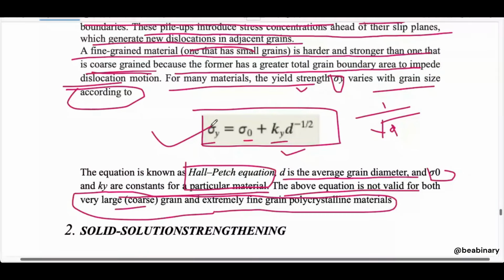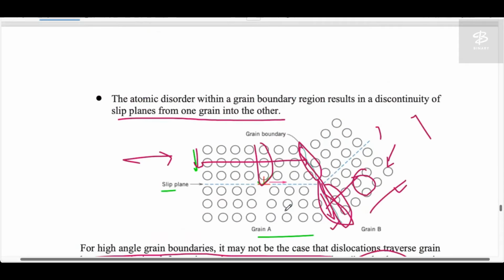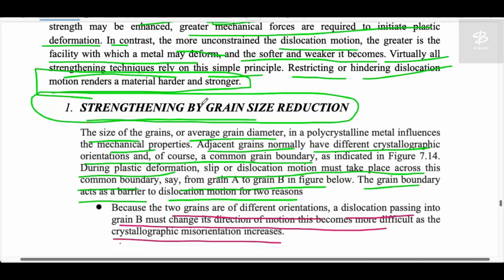But if the grain size is very high, meaning very bulky, or very low, meaning very fine, then you cannot get a perfect decision, or you cannot apply the Hall-Petch equation. So this was the first strengthening mechanism, strengthening by grain size reduction.